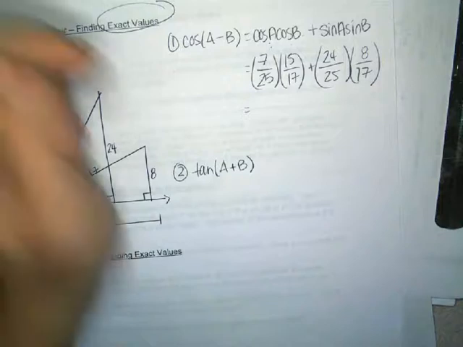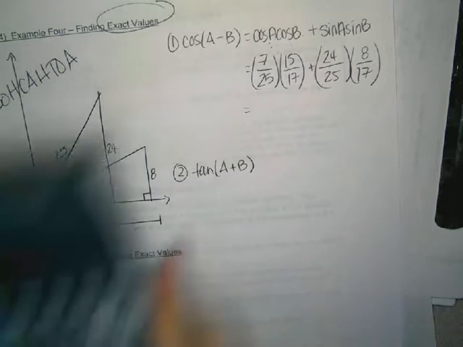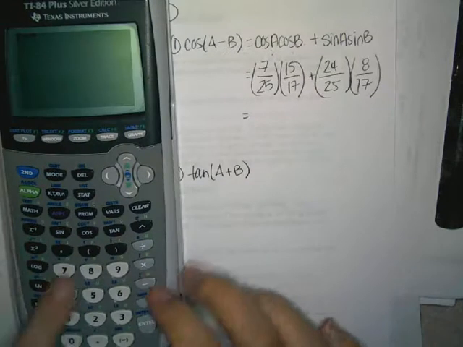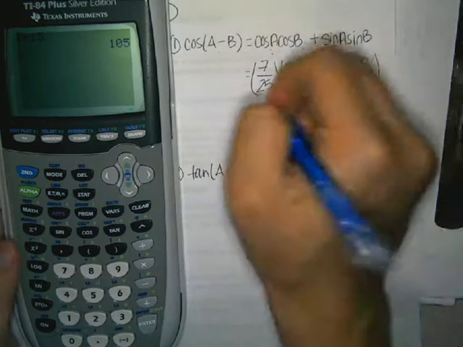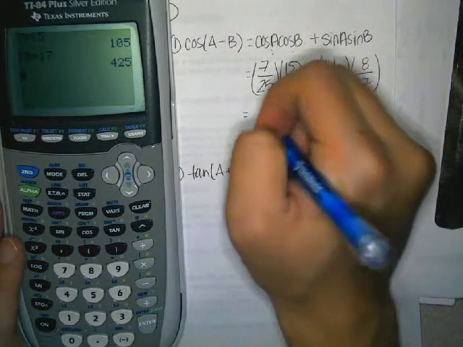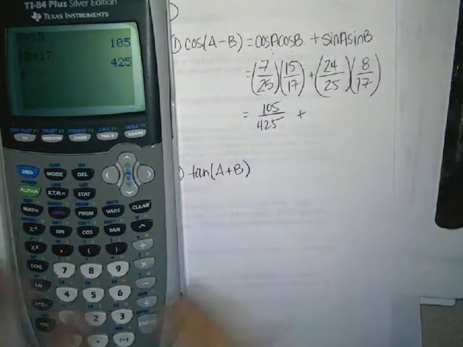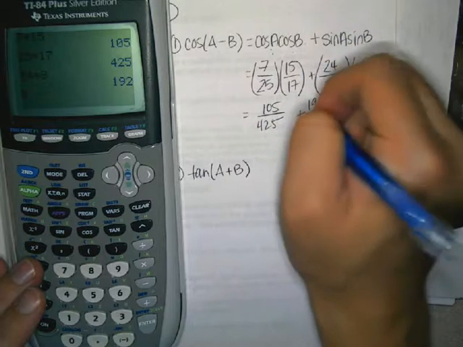And then we're going to go ahead and simplify this. So taking a calculator, which of course I put all of mine away. Multiplying across the top, you get 105 over 425. Then we're going to add 192 over 425.